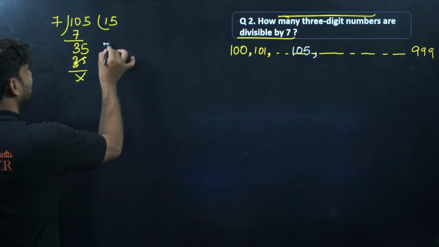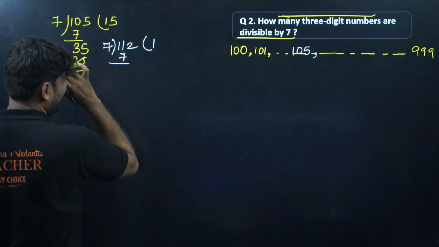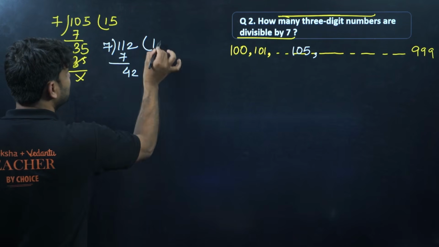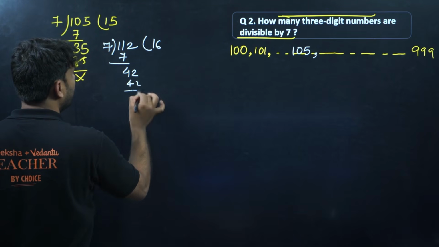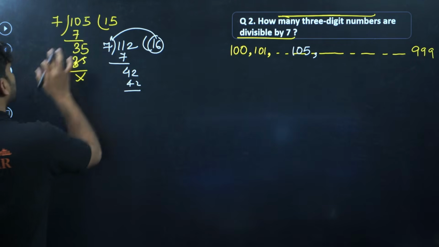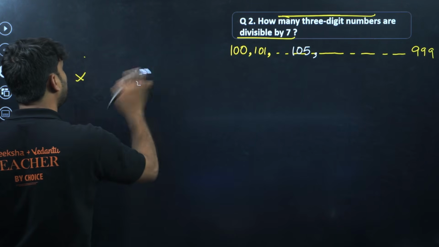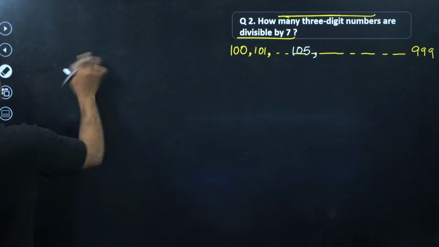Let's check it once. 7 16s are 112. Yes, so after 105, the second 3-digit number that can be divided by 7 is 112.